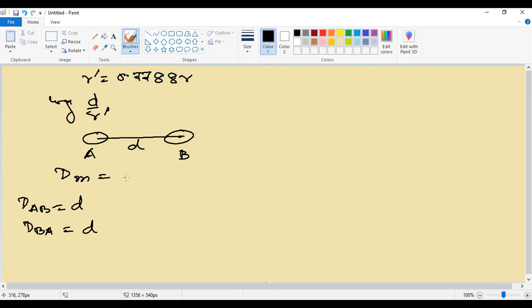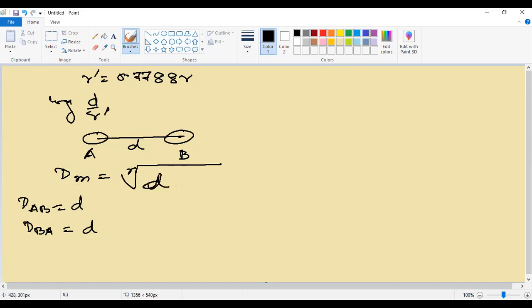So when we have to calculate the mutual GMD between the two conductors, we have to take the nth root of those distances. How many distances are there for the two conductor system? From A to B it is d and from B to A it is d. There are two distances.